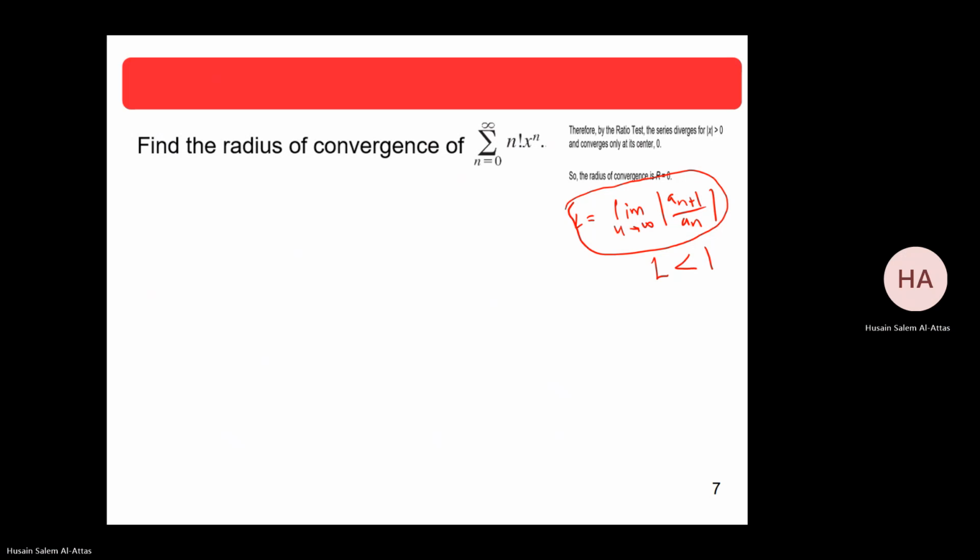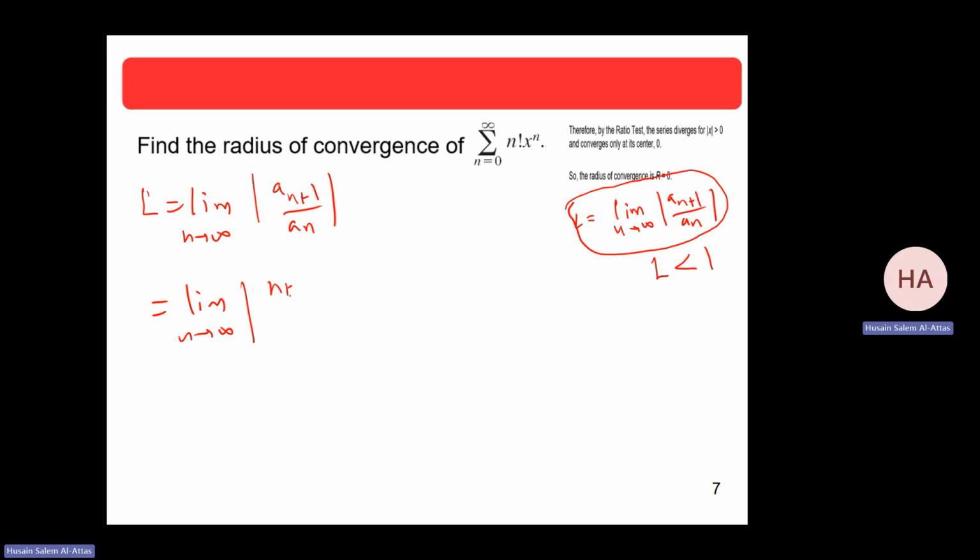That's what will happen. So let me find this. I have the ratio test. L will be the limit as n goes to infinity of a_(n+1) over a_n. That will be the limit as n goes to infinity of (n plus 1) factorial x to the power n plus 1 over n factorial x to the power n. And that will be what? Limit.